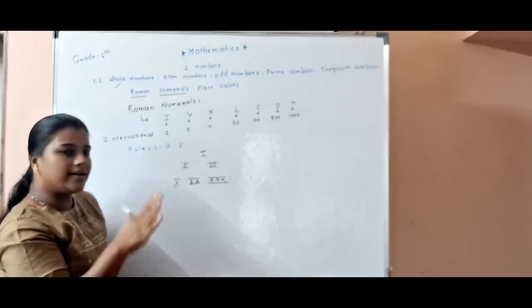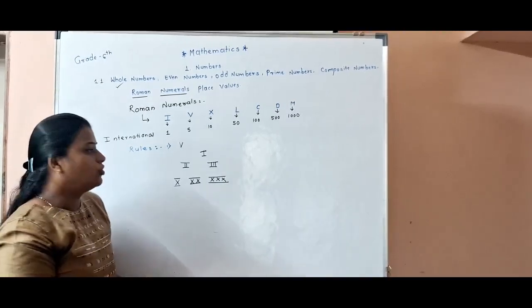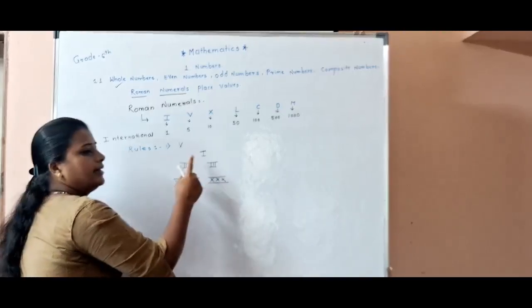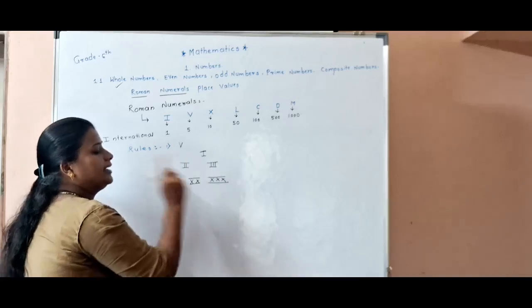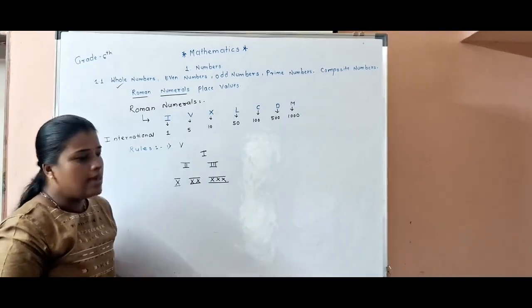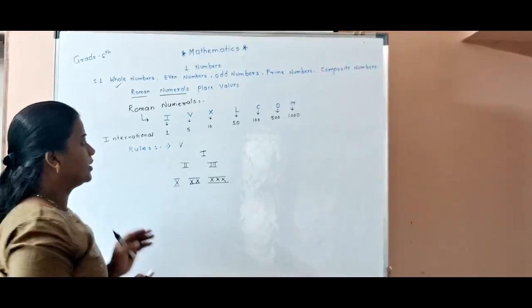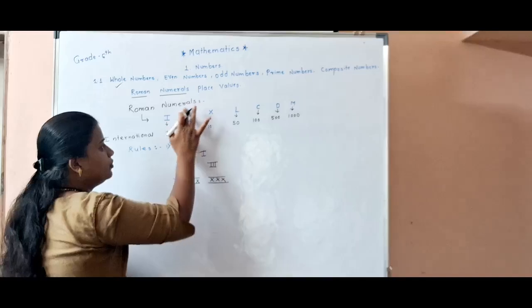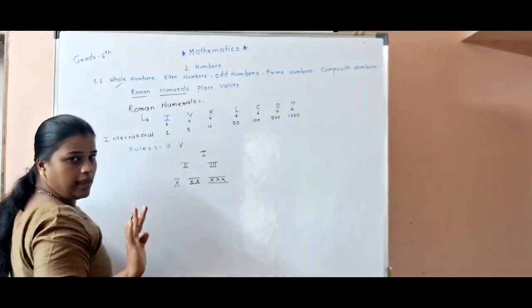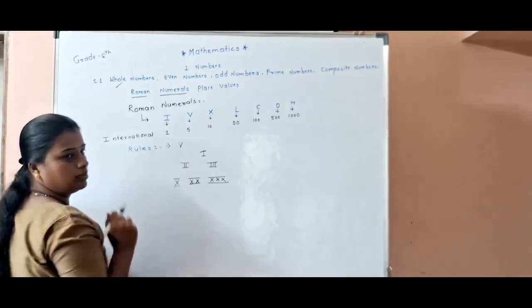This is the max we can go for. Either you can take 1 time, 2 times, 3 times. Now when you write like this, you are not going to include V. This is the first rule.